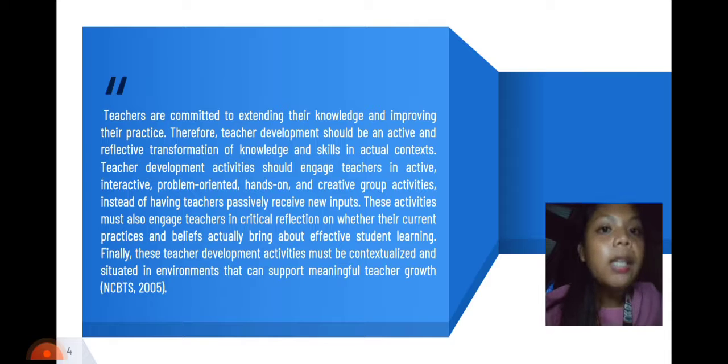That is why teacher development activities should engage teachers in active, interactive, problem-oriented, hands-on, and creative group activities instead of having teachers passively receive new inputs. A teacher must have interaction with his or her students to have a positive classroom environment, so that it affects the learning and growth of students positively.